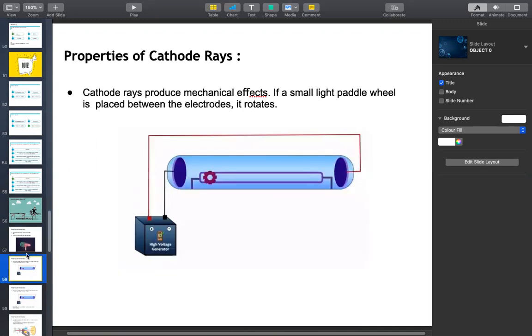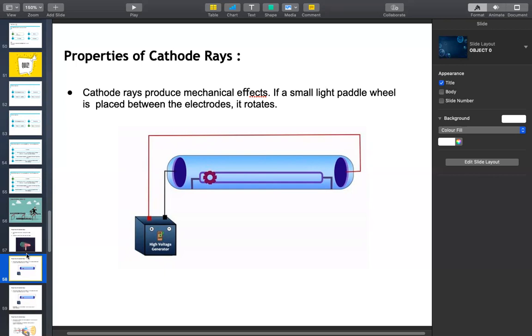Now what are the properties of cathode rays? Here you see, cathode rays produce a mechanical effect. He put one spinner or paddle type of thing, and that paddle started rotating due to the ray. This means electrons have some mass and momentum, only then can they exert pressure. This means these are particles of matter. Electrons are particles of matter.